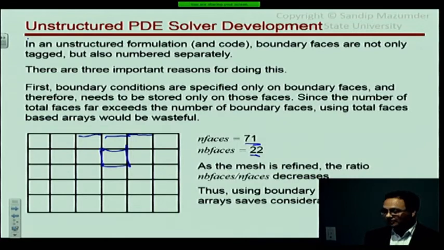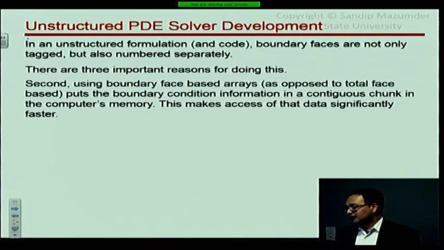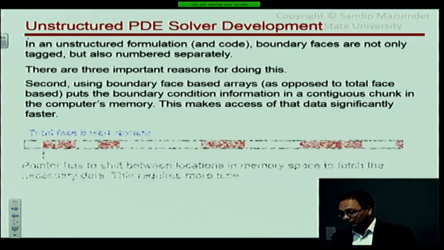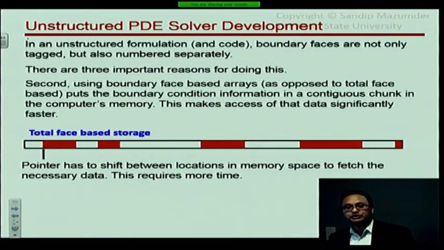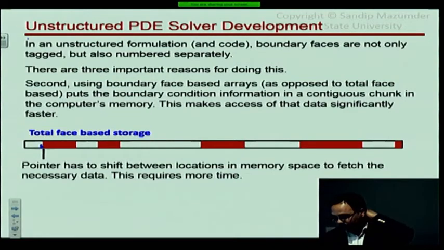That's reason number one. Reason number two is related to computer science now. Here is how information is stored in a computer. It's stored in the form of one-dimensional chunks of data. So if you have, let's say, a total face-based array, it will go from here all the way up to here with gaps in between.